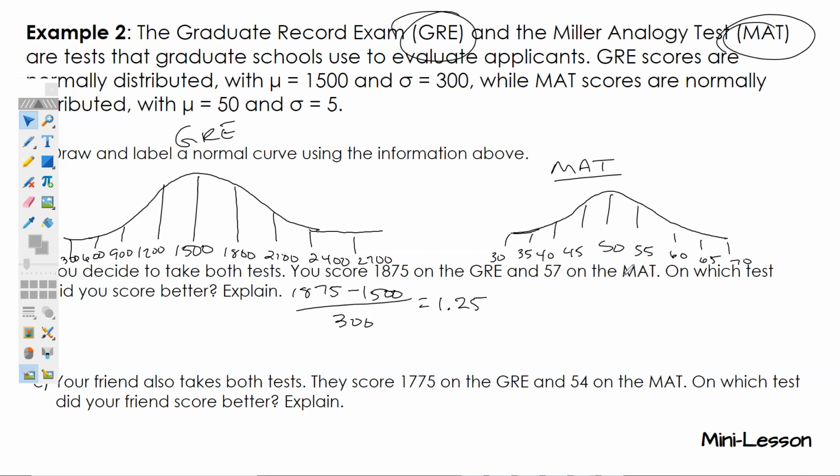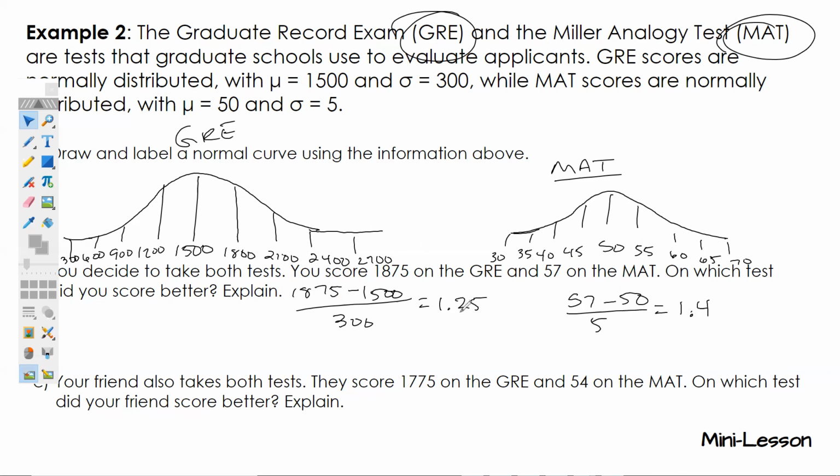On the MAT, we're going to get 57 minus 50, so 7 divided by 5 is going to give us 1.4. So which one is going to be a better score?